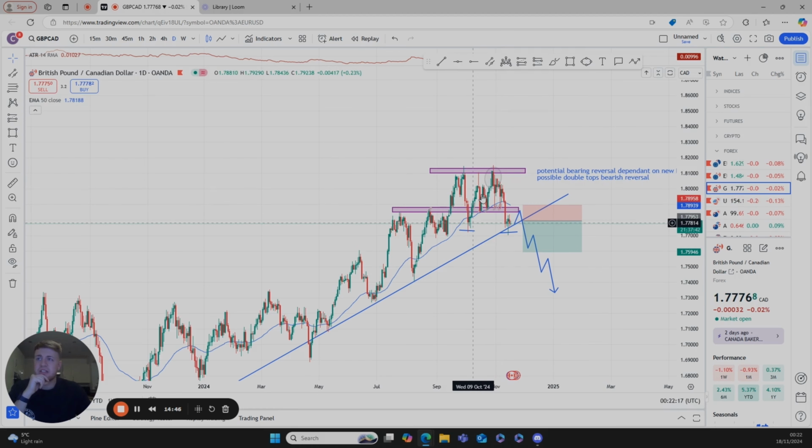It's come down and tested these. I know it has broken through slightly, but it also gives me an indication that, as you can see, we've got higher highs, higher lows, higher high, higher low, higher high, higher low, higher high, higher low. Then we haven't got a higher high again.